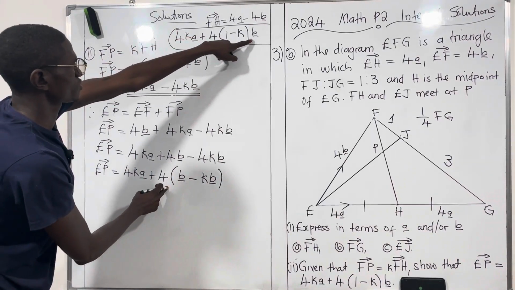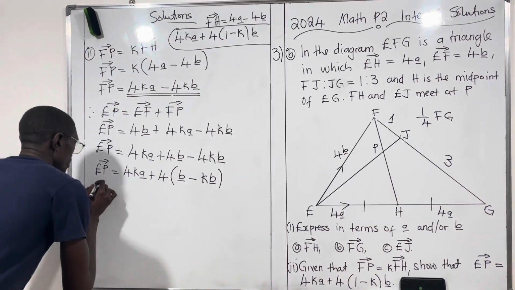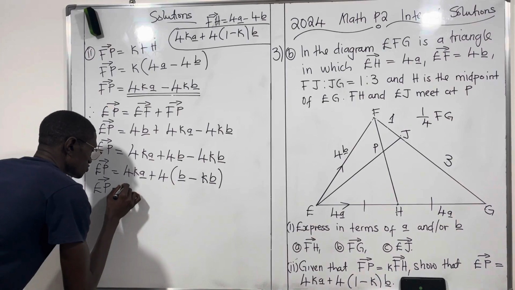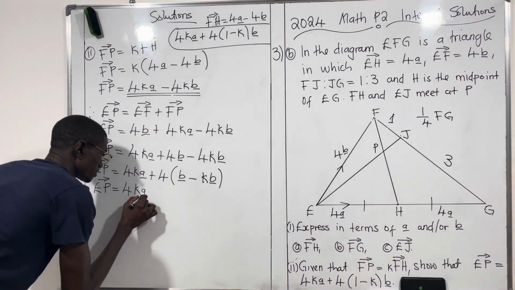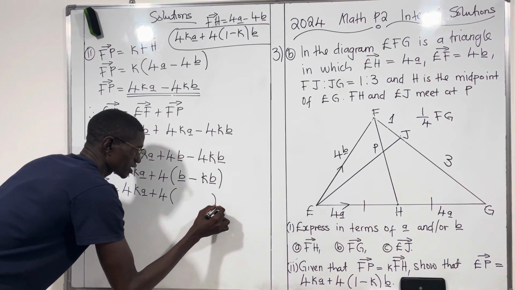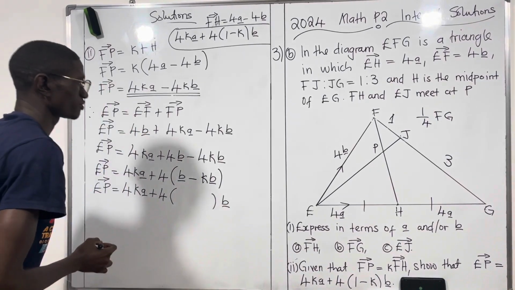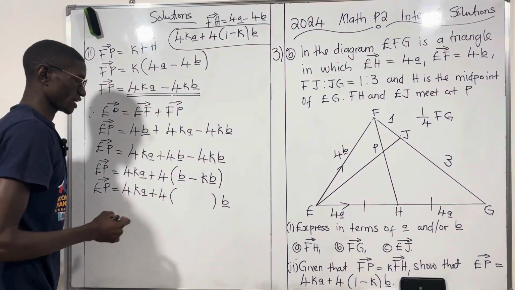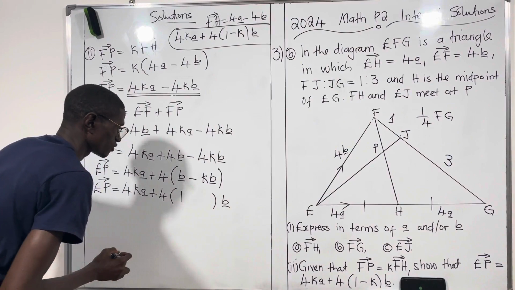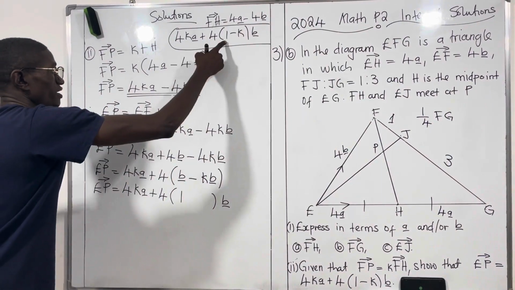We now need to factorize with the vector b there. So we're now going to say vector EP is going to be equal to 4k vector A plus 4 open bracket, close bracket. We're factorizing with the what? Vector B. You can see there's vector B there. So now we're going to say vector B divided by vector B, we're going to get a 1. Okay, and we have a 1 there.